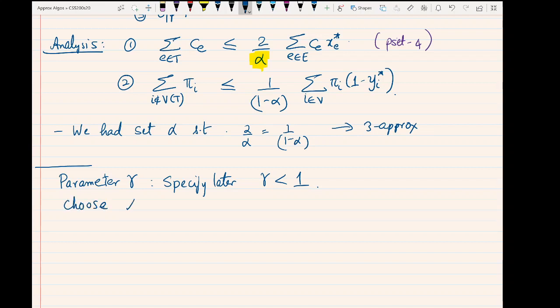We'll choose alpha uniformly at random from the interval gamma comma 1, and then we will run the above algorithm.